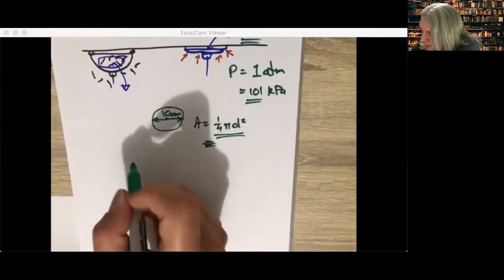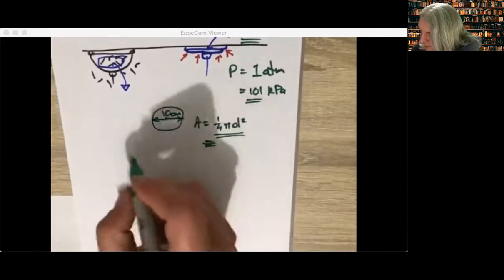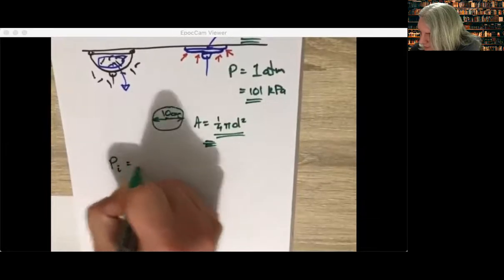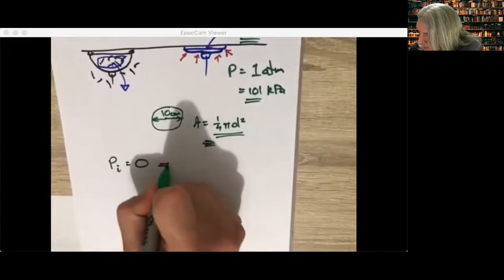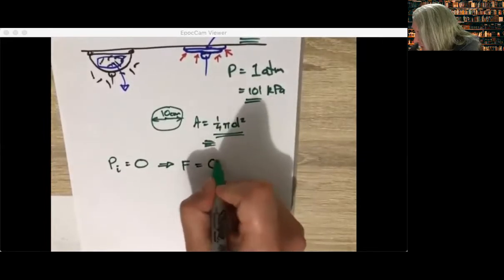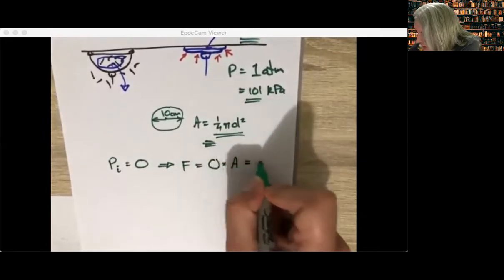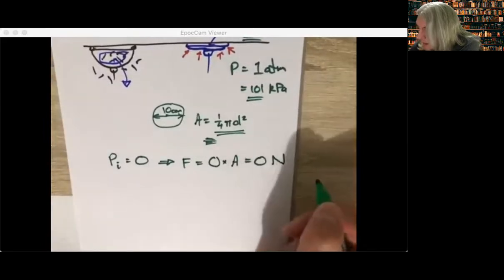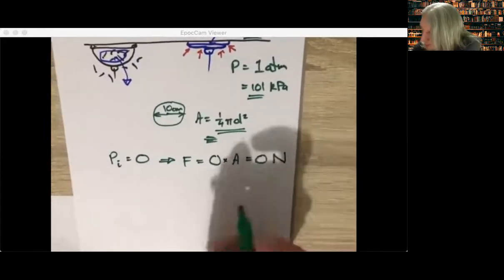I'm going to call it pressure inside and pressure outside. So pressure inside is equal to 0, and that means that the force inside is equal to 0 times the area, which is obviously 0. So there is 0 newtons pushing down on the suction cup.